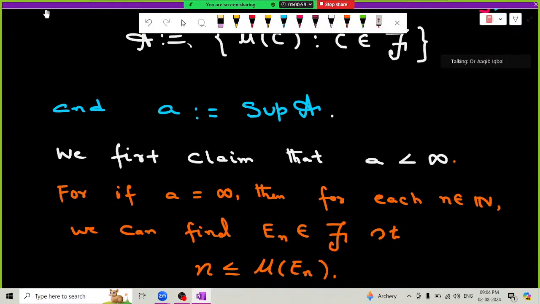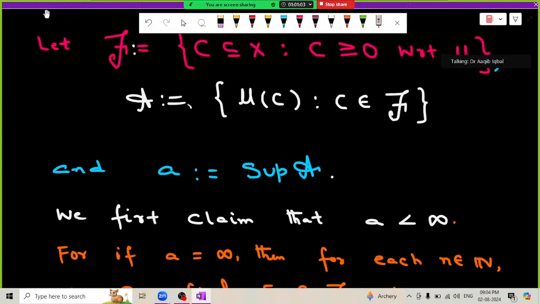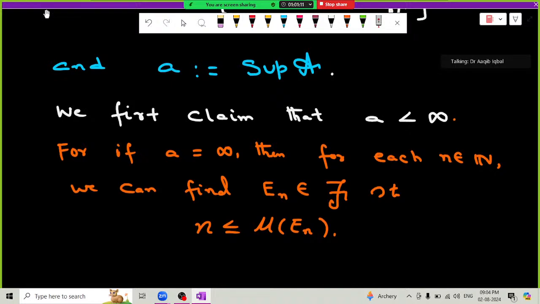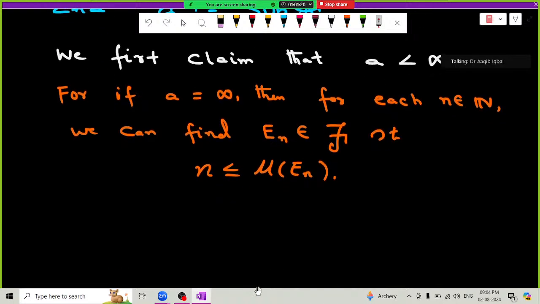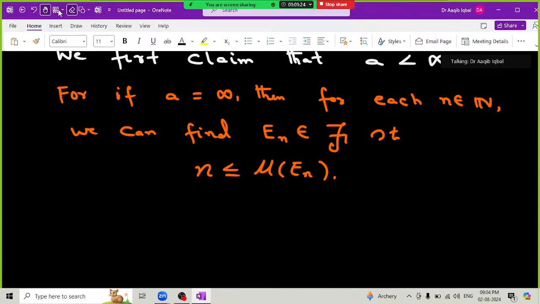So that is the reason script A में एक element होगा, और चूंकि इसके elements हैं mu signed measures of elements of fancy F, so basically this means there will be a fancy F member जिसको मैं यहाँ e sub n से denote कर रहा हूँ और उस fancy F member में ये property होगी, n will be less than or equal to mu of e sub n. और ये हम हर एक n के लिए कर सकते हैं coming from the set of natural numbers.